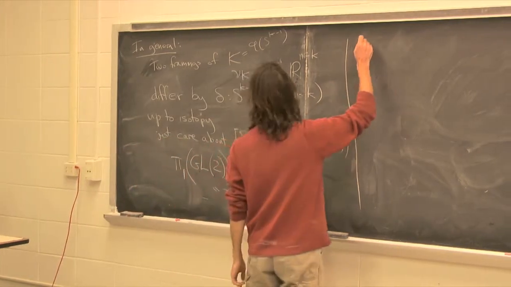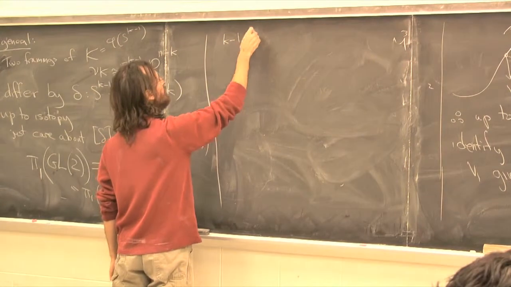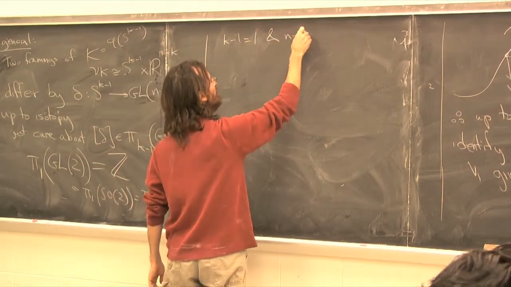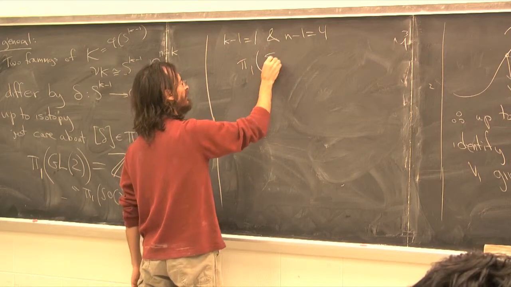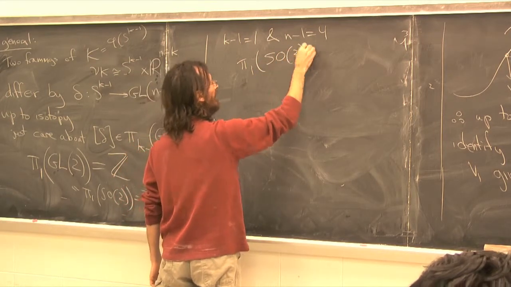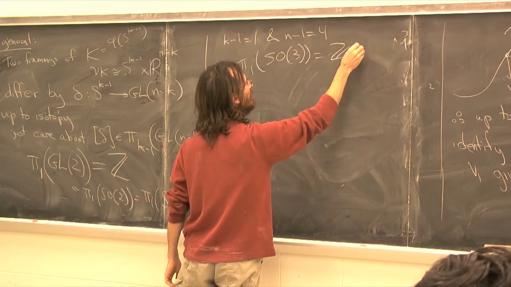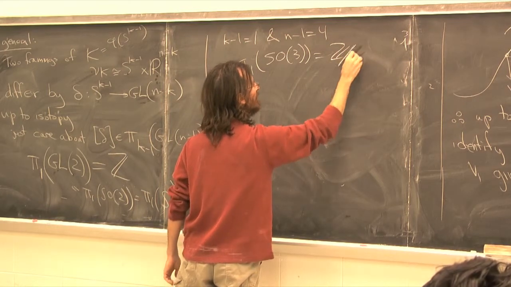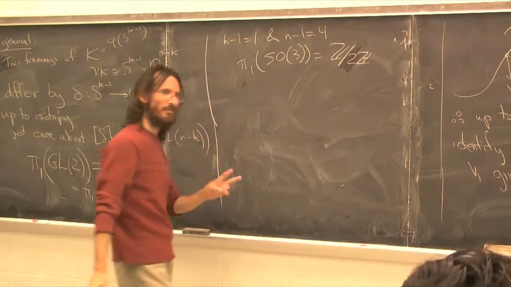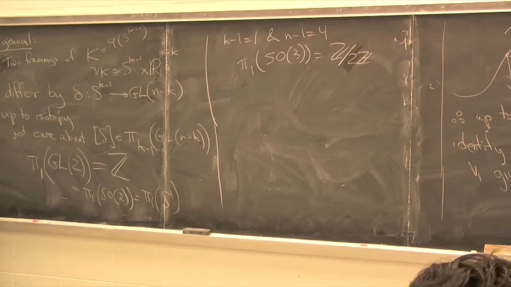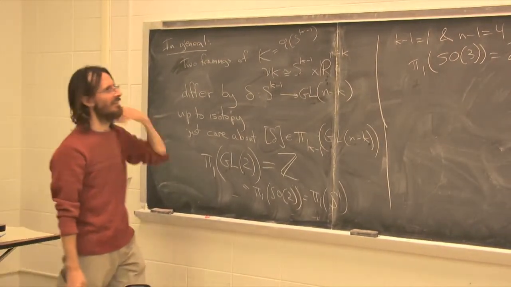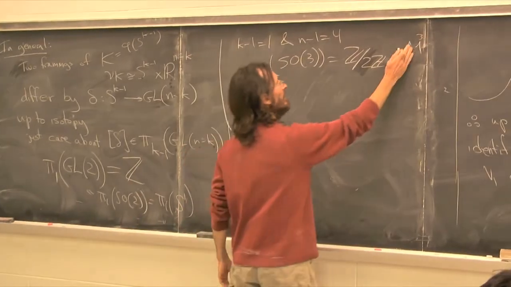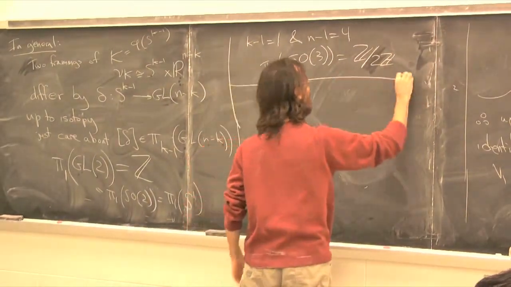So if k-1 equals 1 and n-1 equals 4, then you're looking at pi_1 of SO(3), and that's Z/2Z. And so now there are only 2 framings for a knot inside a 4 manifold. There are exactly 2 framings, not Z's worth of framings.